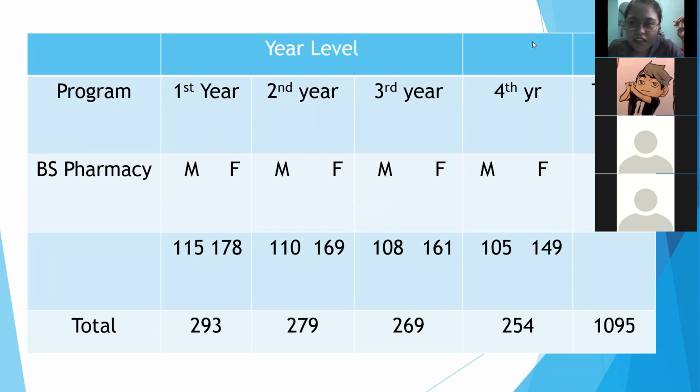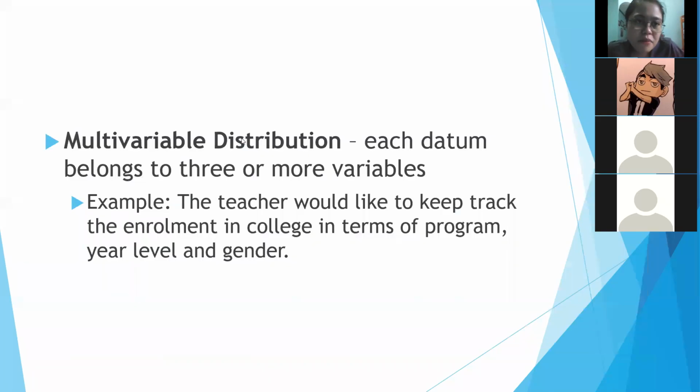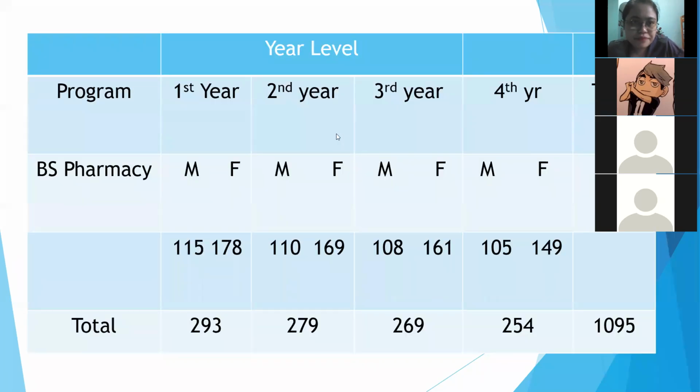You have here the year level, tapos each program pa jud, so like BS Pharmacy. Tapos aside from that, in each year level, you are separating them in terms of their sex, so male and female. So daghan kay kag hati-hati, daghan kay kag distribution sa imuhang variable, so we call it multivariate or multivariable distribution.